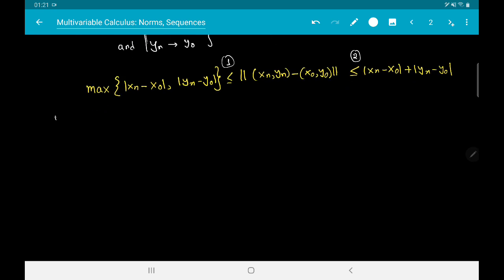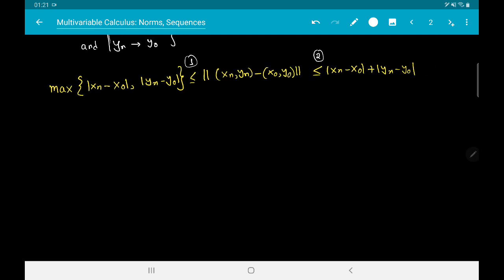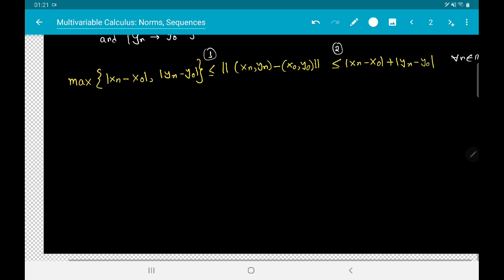So to prove 1, this is true for all n where n is a natural number.